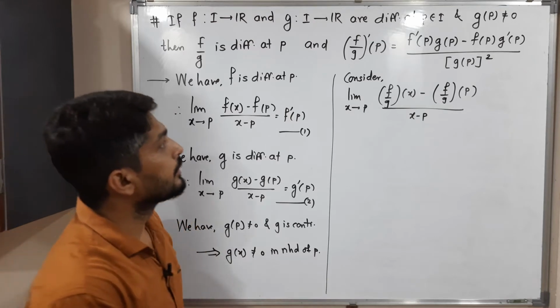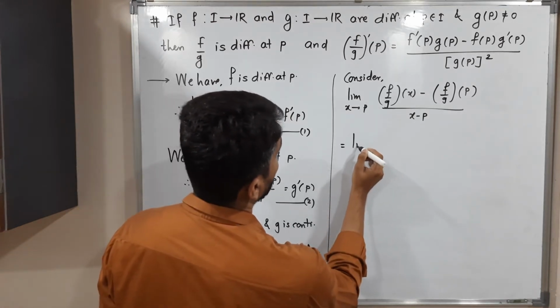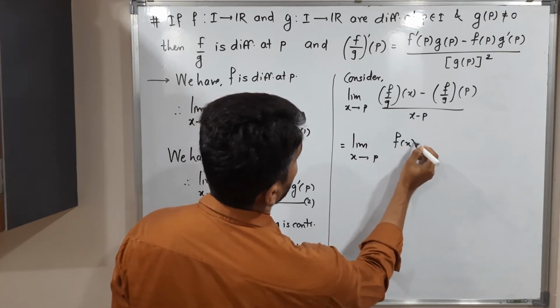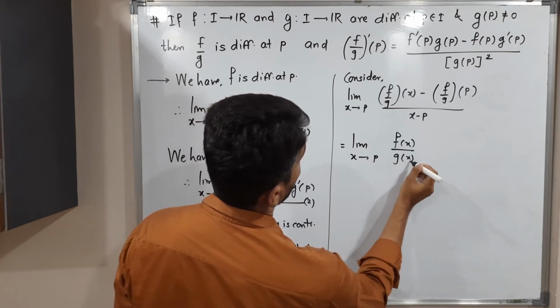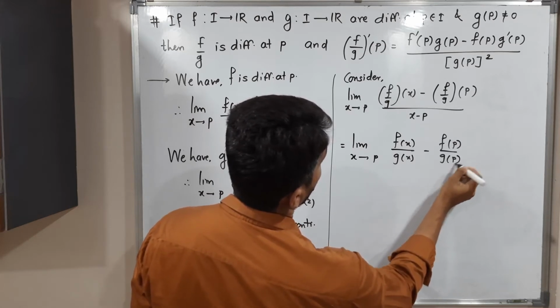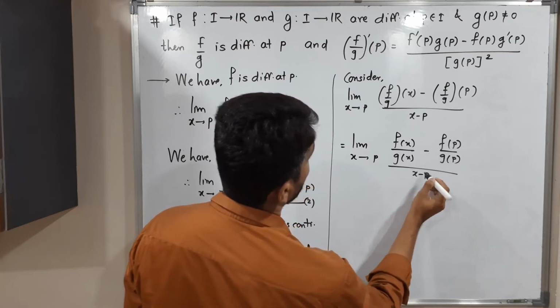Let us operate: limit x tends to P, f of x upon g of x minus f of P upon g of P, divided by x minus P.